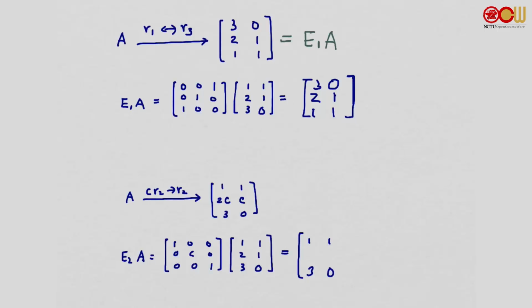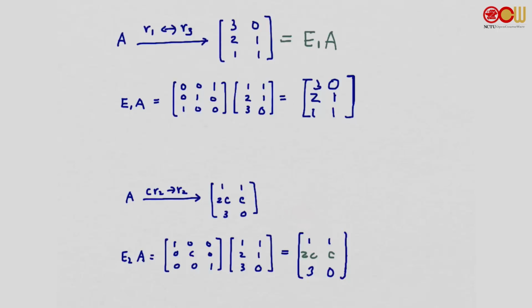How about the second row? The second row, 0, C, 0 times 1, 2, 3. So only this element gets multiplied by C. Similarly, for this element here, 0, C, 0 times 1, 1, 0. So only this element gets multiplied by C. So we get 2C and C. And let's again compare with what we would have gotten with this ERO operation, and they are the same thing, aren't they?